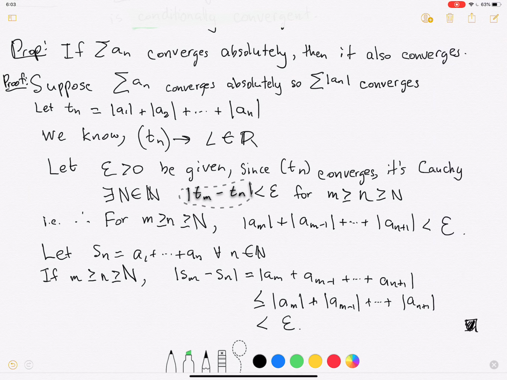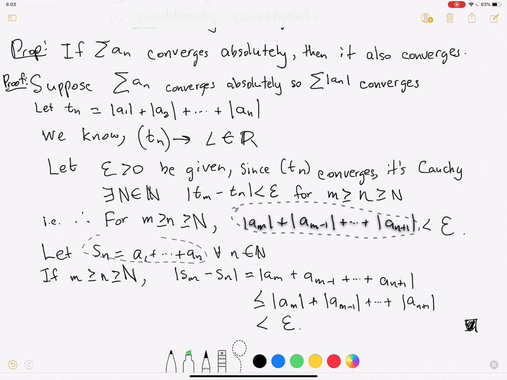So this holds for the series, and thus if we expand out the definition for T_m minus T_n, we get that T_m is |a_1| all the way to |a_m|, and you subtract off T_n, which goes from |a_n| down to |a_1|, so that gives us the absolute values from m down to n plus 1.